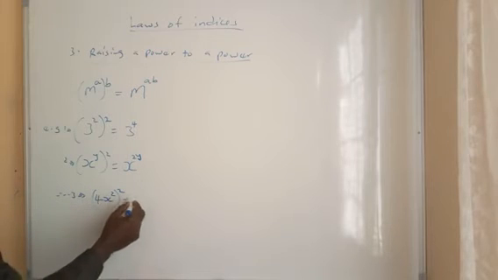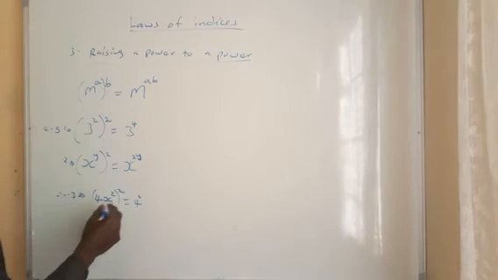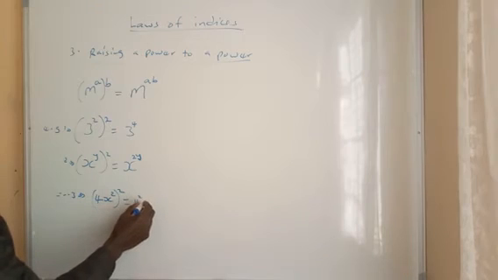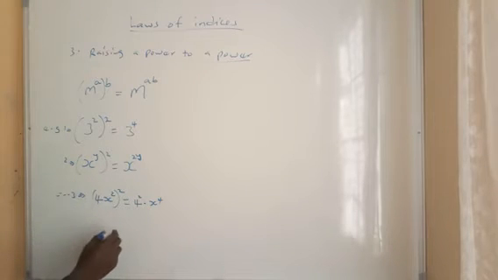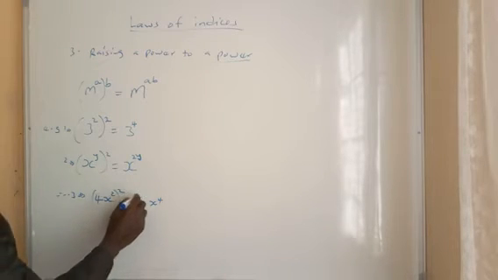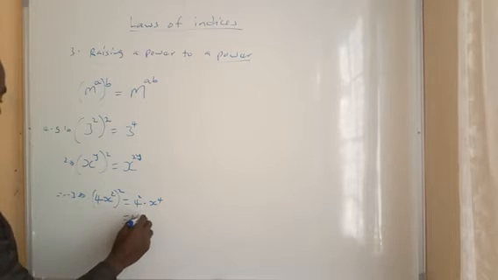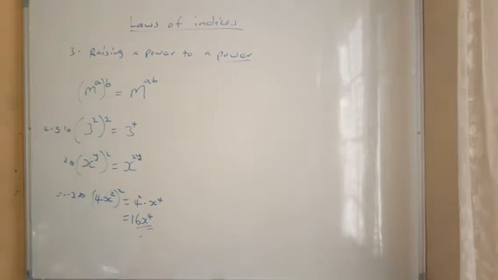So that will be 4 power 2 times x power 2 times 2, and also this will be 2. So finally the answer will be 4 power 2, that is 16 x power 4. Raising a power to a power.